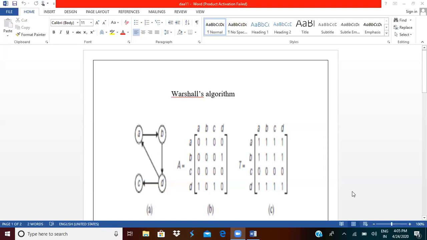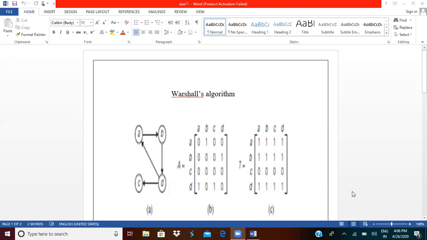There are two types of problems in it, Warshall's algorithm and Floyd's algorithm respectively. Before knowing how to solve Floyd's algorithm, we should know what Warshall's algorithm is, and how to apply the algorithm and find out the transitive closure.